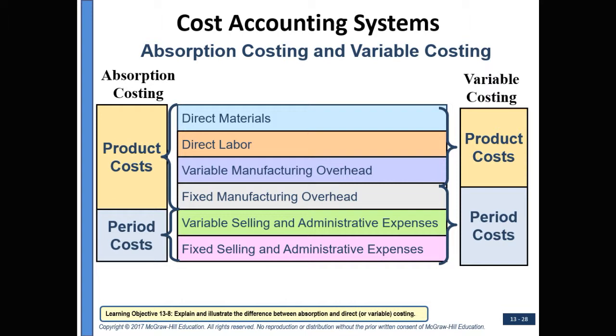But the fixed manufacturing overhead is included in the period costs with the variable and fixed selling and administrative expenses. These are the key differences between absorption costing and variable costing.